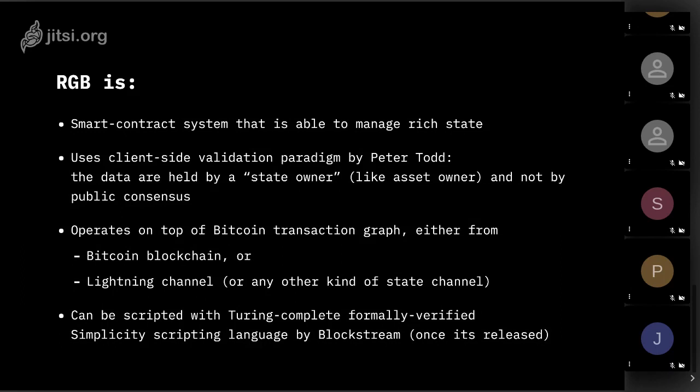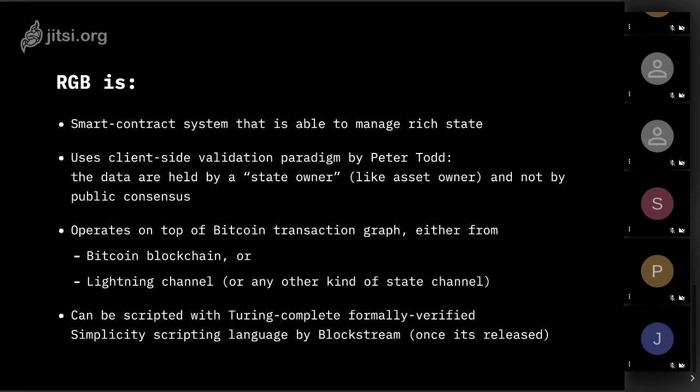So RGB doesn't have anything to do with the blockchain itself, but it uses Bitcoin and Lightning Network security model to do the actual commitment and creating a verifiable and provable history of state ownership, asset ownership.